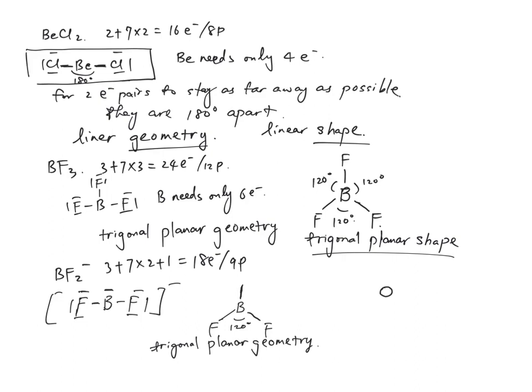You're going to see a nucleus, that's boron, and then you're going to see 2 nuclei. So that's your boron, that's your fluorine, that's your fluorine. And these 2 would be 120 degrees apart.